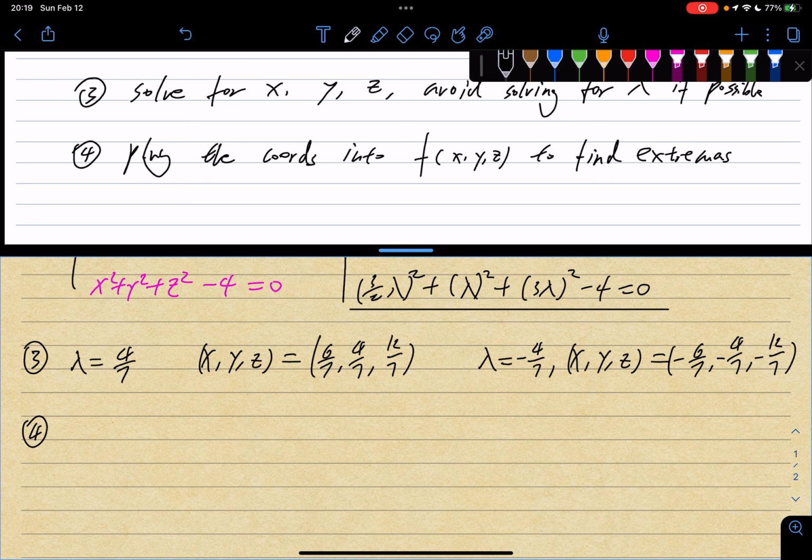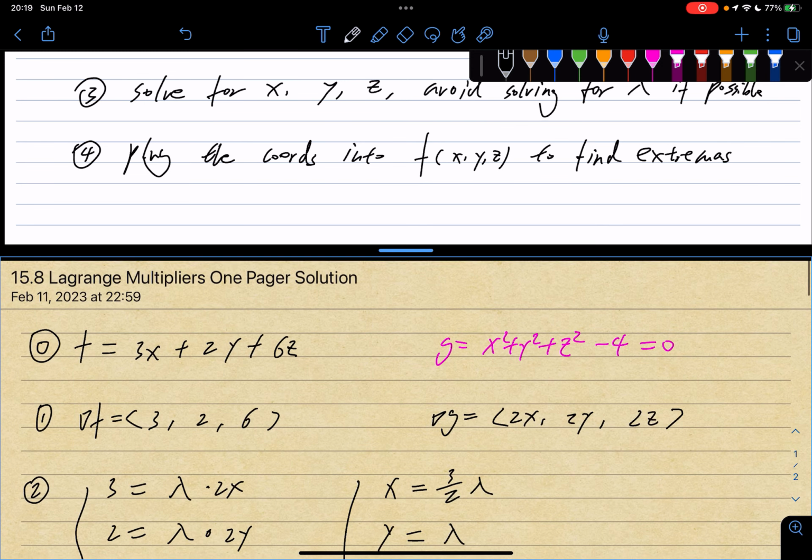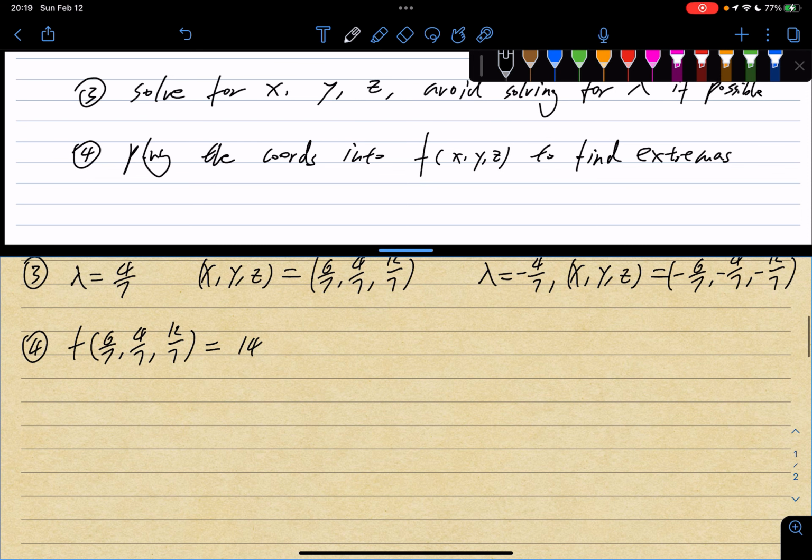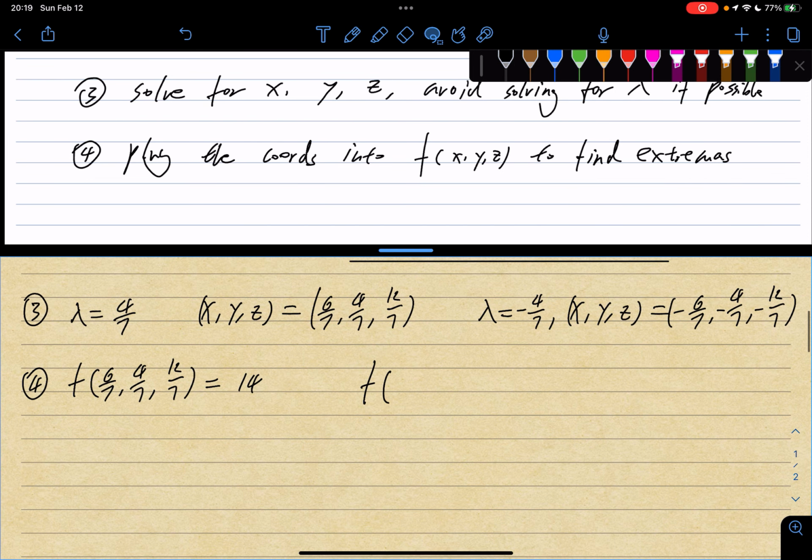Step 4. The function of this value is going to equal 14 if you plug them back into here, and then the function of the other value, I hope you can understand it because the function itself is linear, is just going to be negative 14.